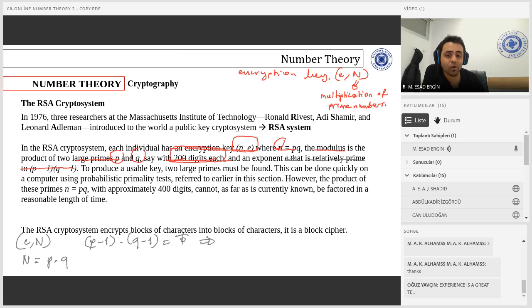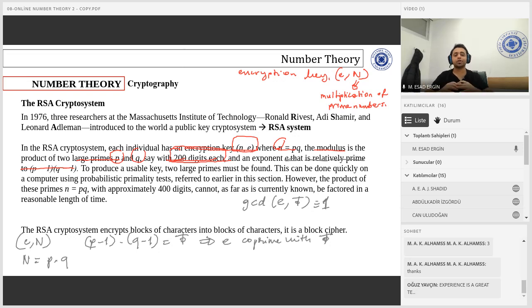E has to be coprime with Euler's totient, which means there should be no integer that divides both E and T. That means the GCD, greatest common divisor, of E and Euler's totient should be only 1.